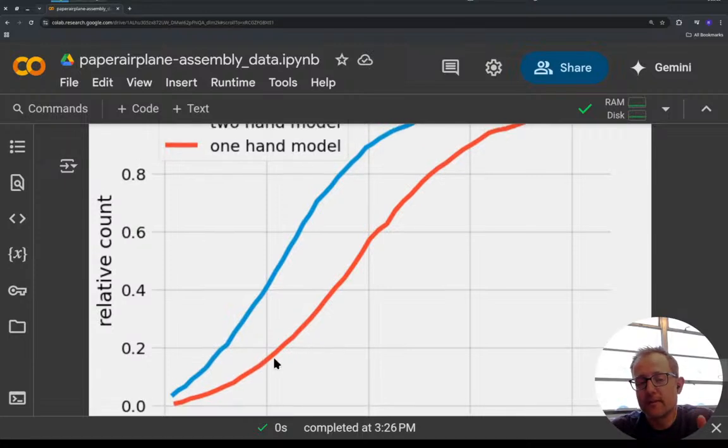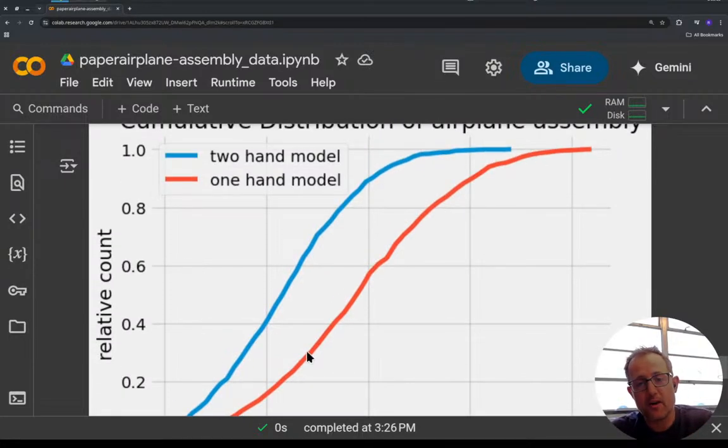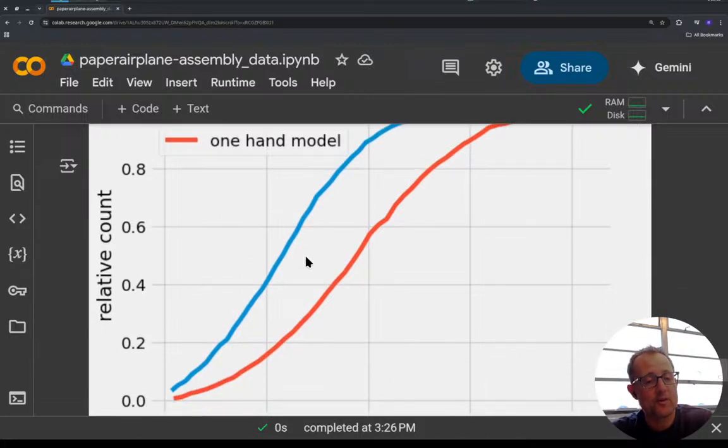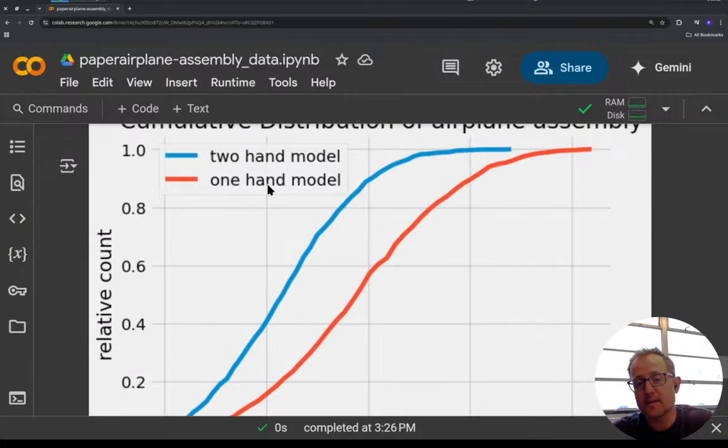And this is where you have to be careful about how you present your data, what data you're measuring and what you're presenting. Because really, what I could say is that if everyone can build with one hand and it only takes 30 seconds extra, and this is the only data that I'm presenting, I didn't show pictures, I really should have pictures of a one-handed plane versus a two-handed plane.